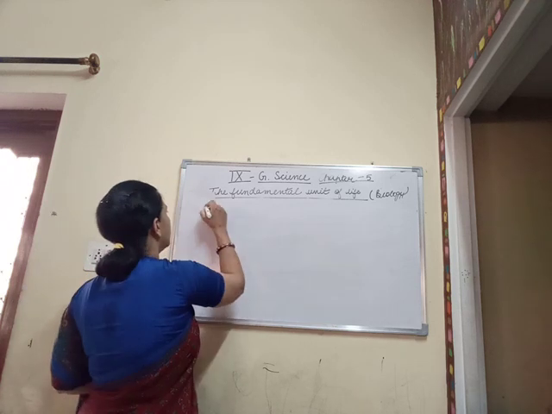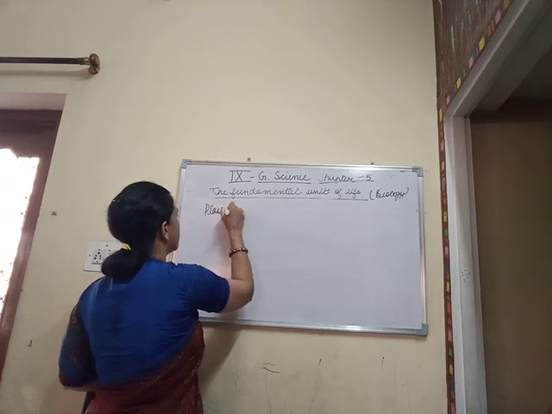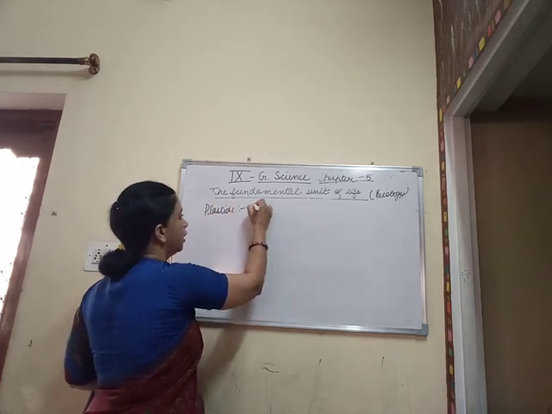So when we are talking about the plastids, these are found only in the plant cells.